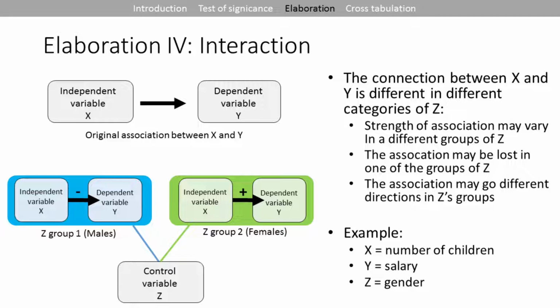The same thing doesn't happen in group one, the males, if they are spending more time at work. And the association may be lost, or the association may go in a different direction. Like I said, men's salaries can go up because they have more opportunities for their career, and women's can go down or stay stagnant because they are spending more time away from work.